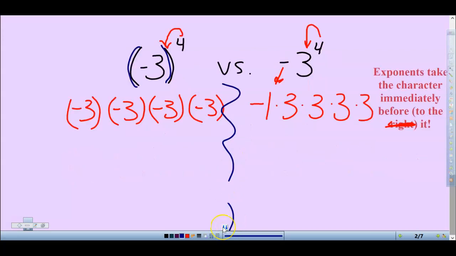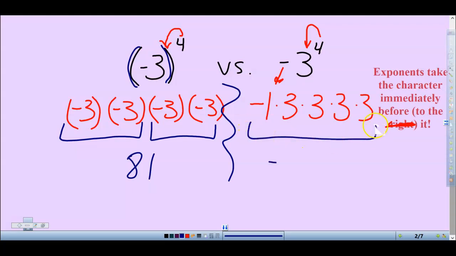What's the real big deal here? When you do the multiplication of this, you will find that to the left-hand side here, we have the answer of 81. However, over here on the right-hand side, we have -81. They're total opposites. So yes, understanding what that exponent is referring to or more or less talking to is very important.